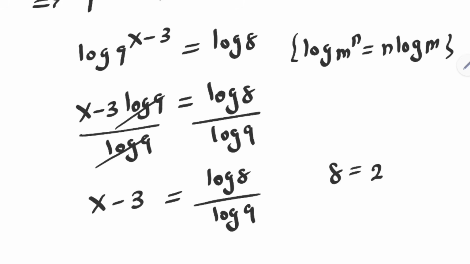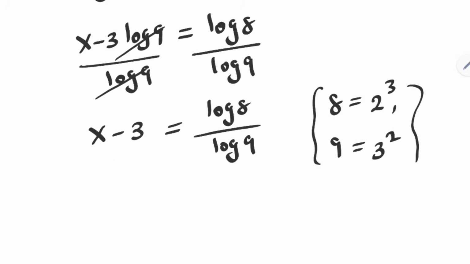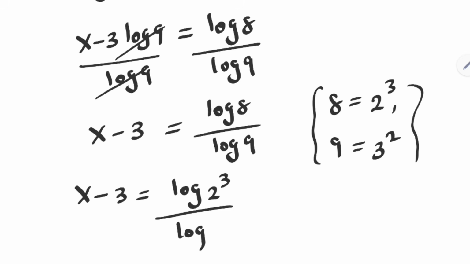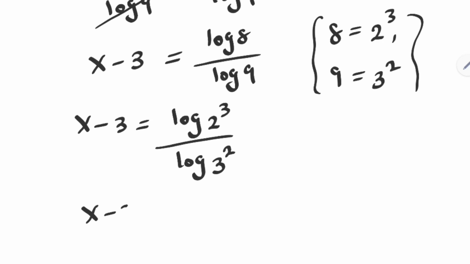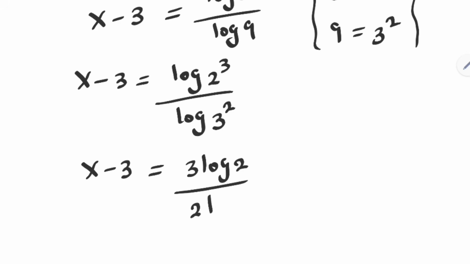8 is equal to 2 raised to power 3. 9 is equal to 3 square. x minus 3 is equal to log 8, now is 2 raised to power 3, divided by log 9, is 3 square. x minus 3 is equal to 3 log 2 divided by 2 log 3.